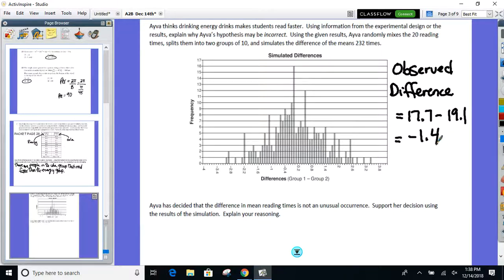Next step, after you've calculated your observed difference, you go to the simulation, which will always be done for you, and you locate where that difference is on the simulation. So everyone take a peek and take a look at where negative 1.4 was. Make a mark of it if you want. It's about 2 over from 1.6.